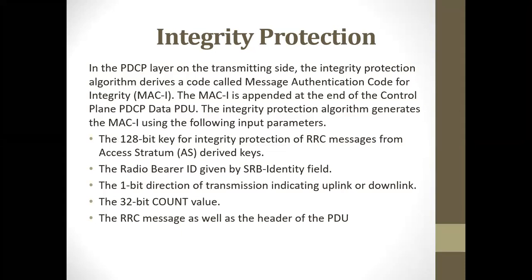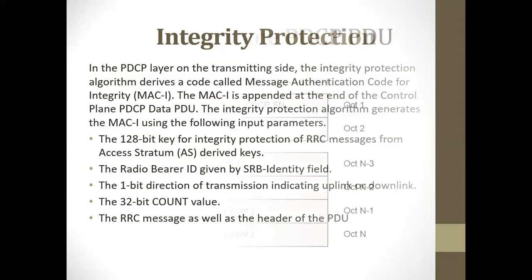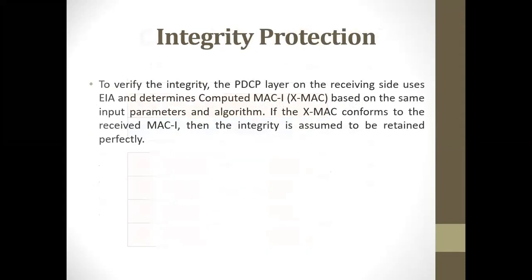You use the whole thing. It's not your actual data content. You use the whole layer 3 message to generate that code. So that's the integrity protection, and with that, we finish discussion of security algorithms.